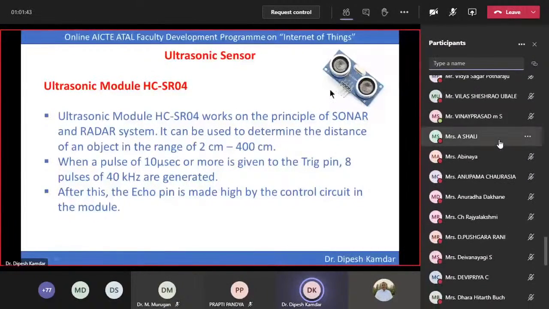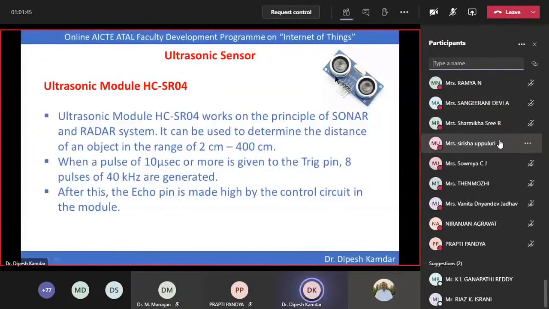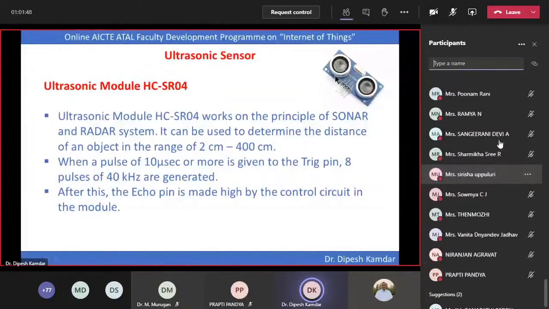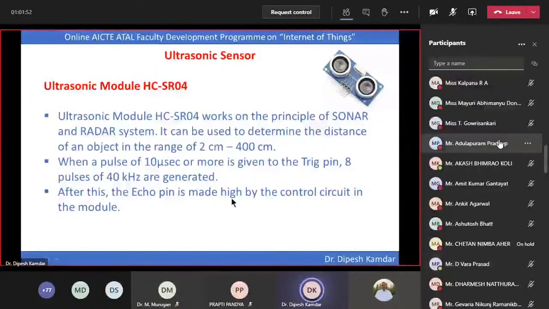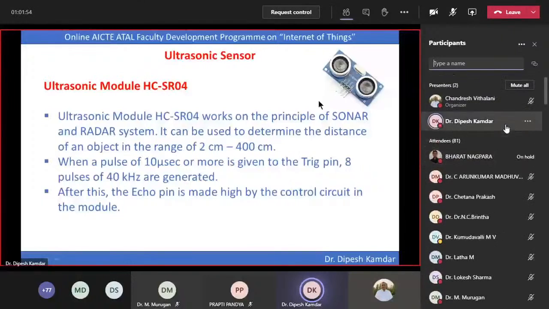The acoustic pulses are transmitted and the reflected waves are received. It has 4 pins: VCC, ground, transmission enable (trigger), and the echo pin.